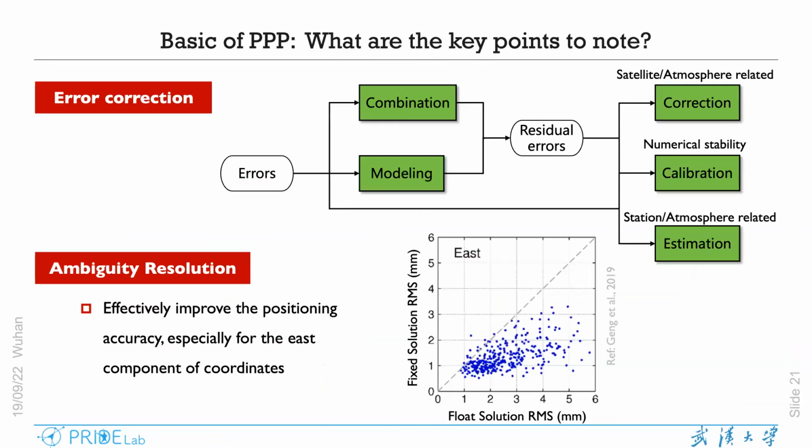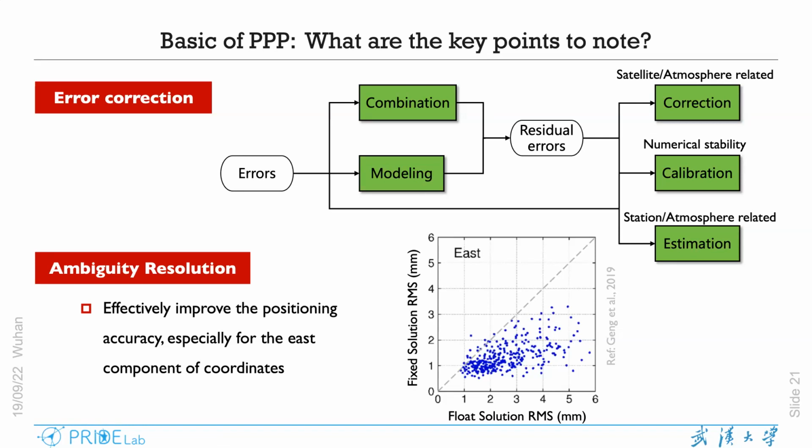But we have to pay attention to some limitations of the PPP, although it can facilitate your work in GNSS network analysis. The first one is the error correction. Because we don't have any base stations to provide the correction data, we have to use some other techniques to mitigate the errors within the GNSS measurements.